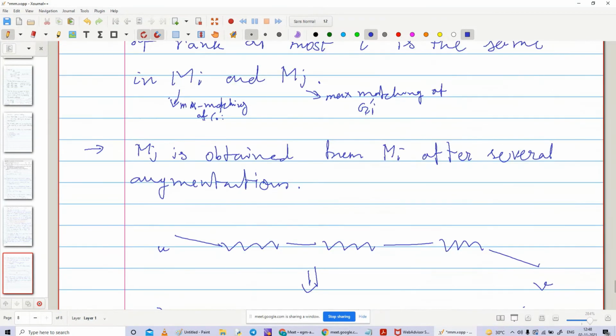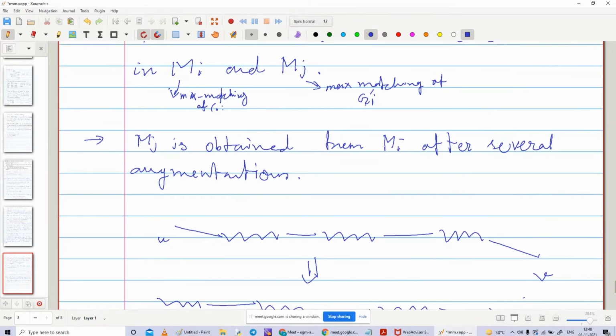Okay. So from here we have seen that Mj is obtained from Mi after several augmentations. That means the vertices which are matched in Mi remain matched in Mj.